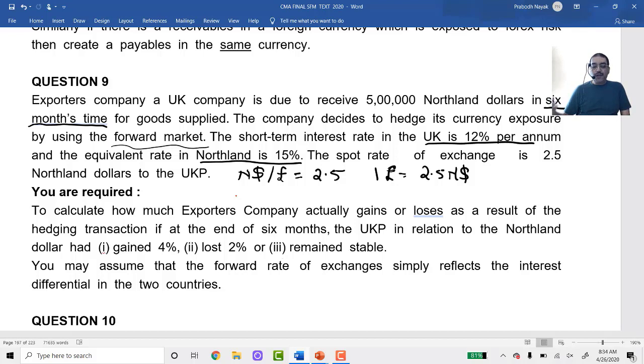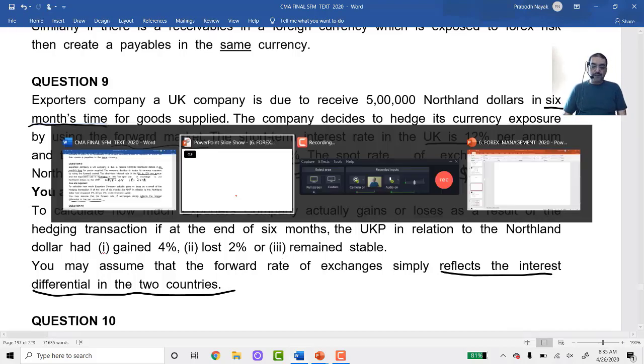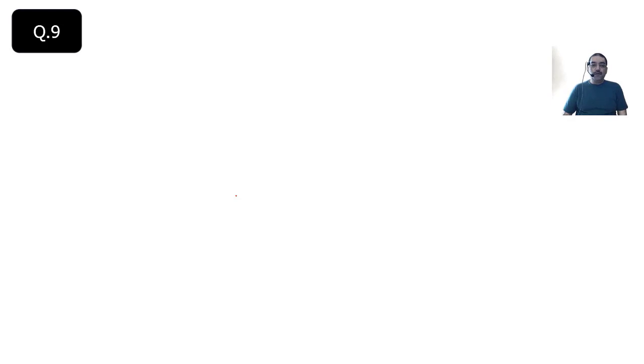First I will calculate the 6-month forward rate, and then I will see the 3 cases which are given to me. You may assume the forward rate of exchange simply reflects the interest rate differential between the 2 countries. That means we have to calculate the forward rate with the help of interest rates. First I write the spot rate.